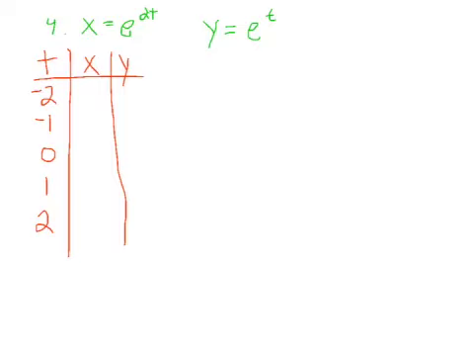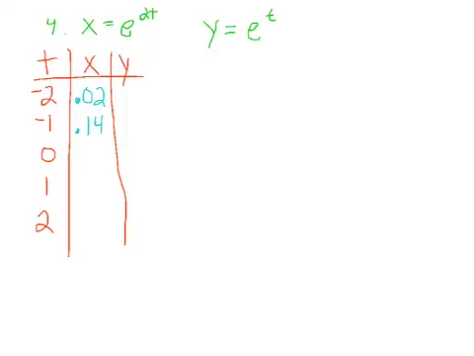If I plug a -2 into the x equation, I get e to the -4th, which, using my calculator, is 0.02. e to the -2nd, if I plug a -1 in there, we get 0.14.